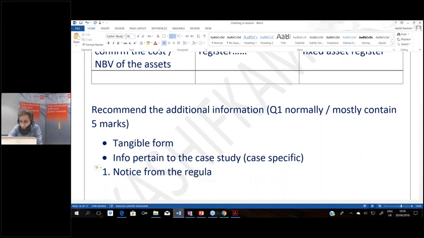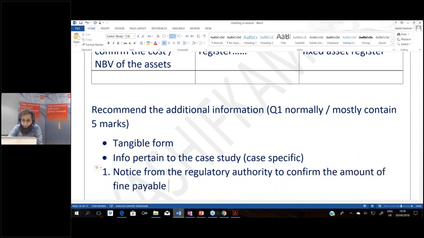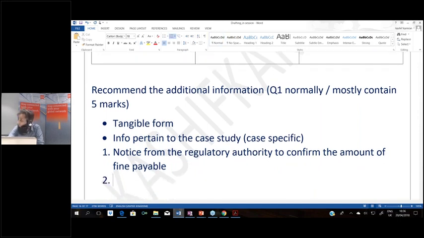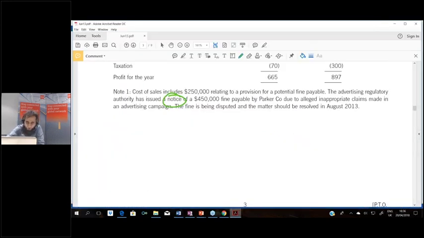See, I started with a tangible form, regulatory authority. Notice from the regulatory authority to confirm the amount of fine payable. Going back, page 2.